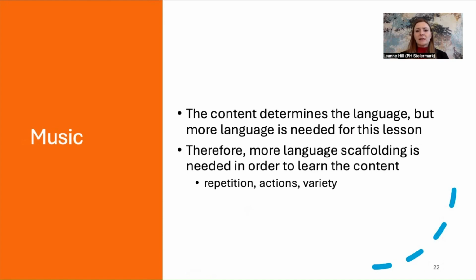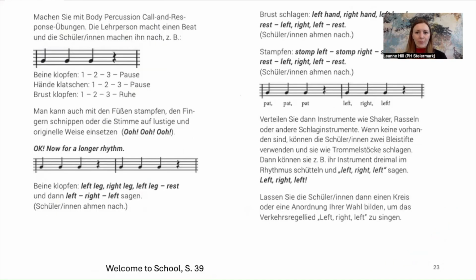So let's see how that can happen. I'm taking this from page 39 on in the Welcome to School collection. And we see at the beginning, we've got this body percussion call and response. It's something that we often do in music: I do a body percussion and the kids copy me. So maybe I pat my chest 3 times, 1, 2, 3, and the kids go 1, 2, 3, right?